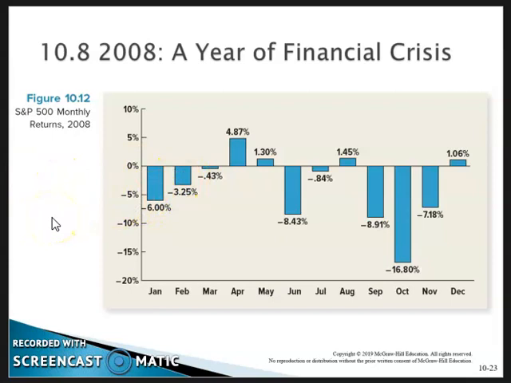The first signs of the financial crisis occurred in the summer of 2007, and they came to a head in 2008. I believe the average loss for the year for the S&P 500 was in the neighborhood of 30%. I could be slightly off on that, but it was a fairly historic year in terms of loss.